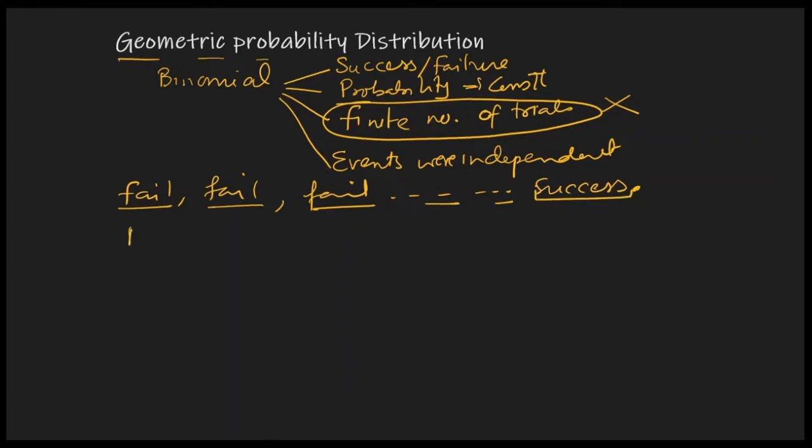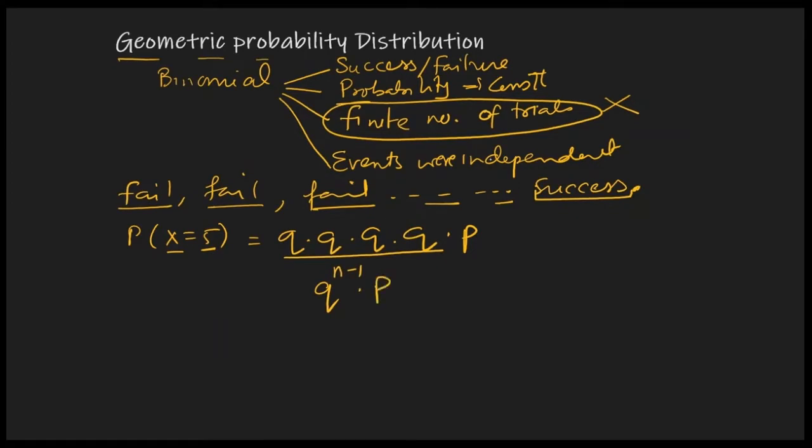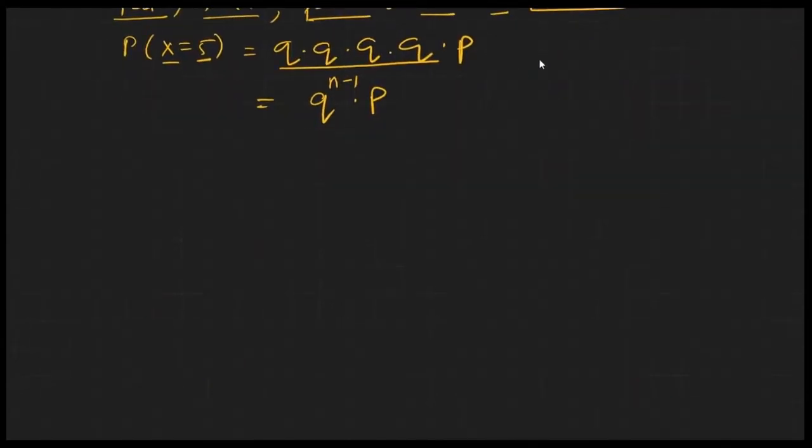Which means if there is a P(X) equal to 5, it means that the 5th time you are getting success, that means you're failing 4 times, and then you're passing. So probability is the multiplication of probability of failures n-1 times, and then there's only one success and you stop after that. So let's take some example which will make it even clearer how we do such questions.